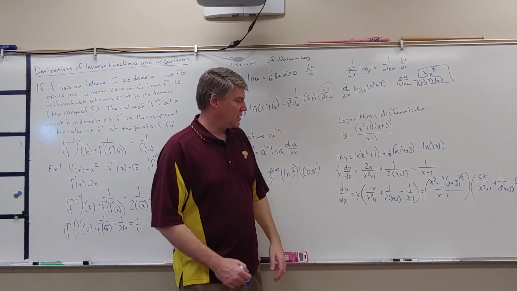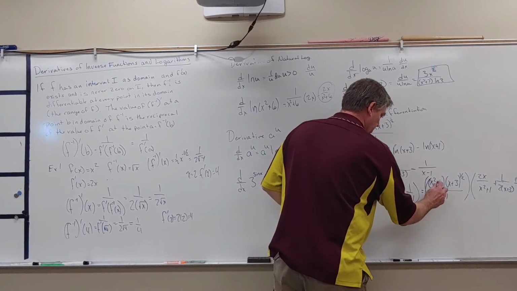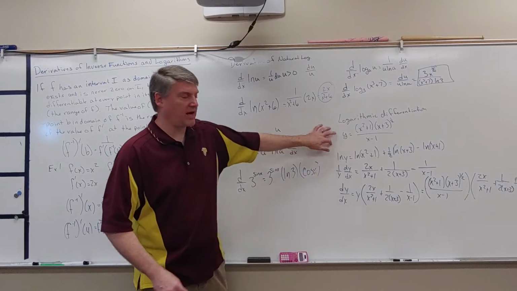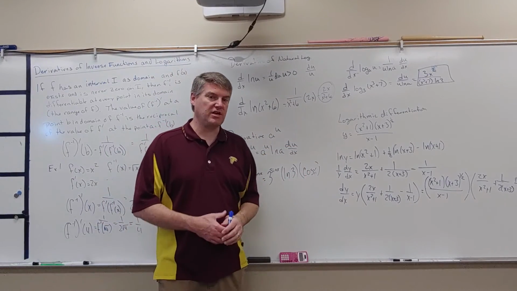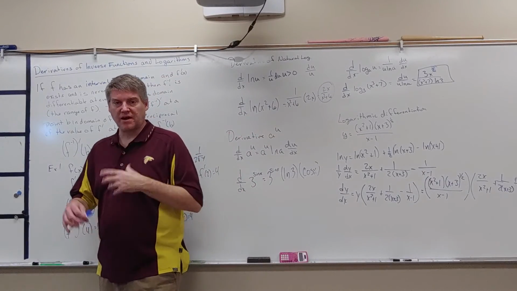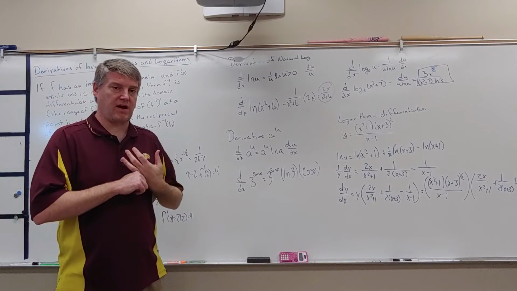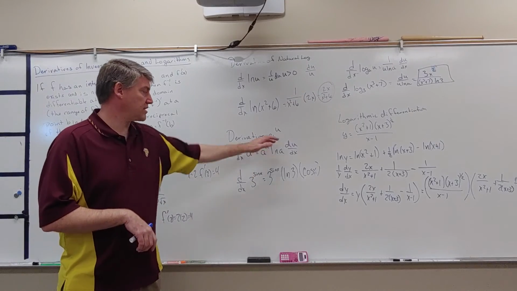That's the nice thing about natural log. We used our implicit differentiation here and found it. Okay, so that's another type of derivative. So we're talking about different types of log functions, natural log, logarithmic functions, a to the u.